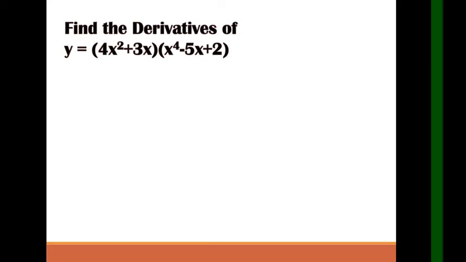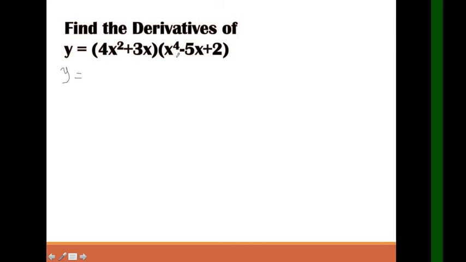So I will multiply first the given, then after that, I will get their derivatives using constant multiple rule. Or, yeah, constant multiple or sum and difference rule. So, let's solve. First, isolve muna natin ito using multiplication of binomial and trinomial.